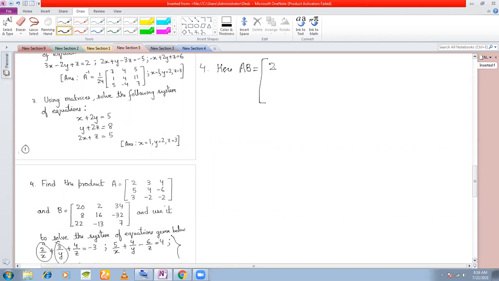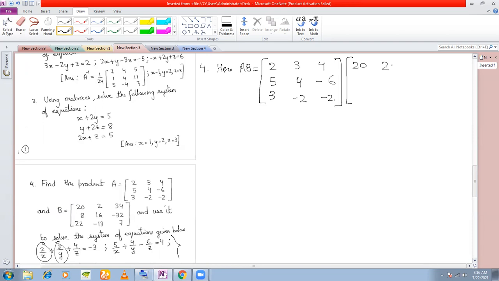So here AB is equal to, multiply these two: 2, 3, 4, 5, 4, minus 6, 3, minus 2, minus 2.